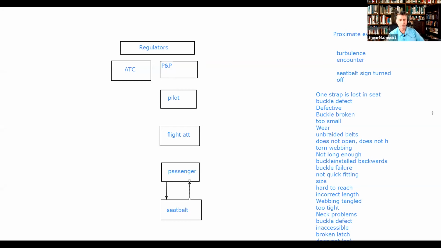But then this is now a feedback side. Why might they believe it was fastened when it wasn't? It looks fastened, I think. Probably we've all had a case where we pushed a seatbelt together and it hadn't quite gotten into the latch. That's definitely a possibility, and that still comes back to a design issue, by the way.